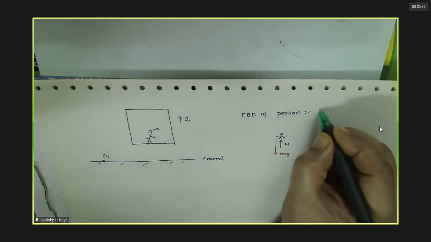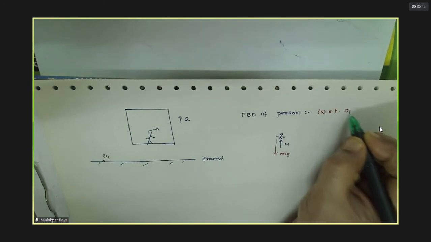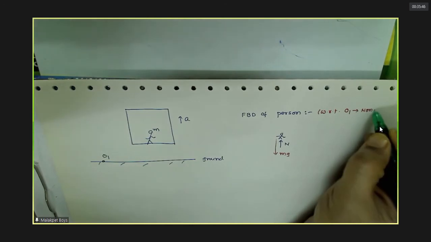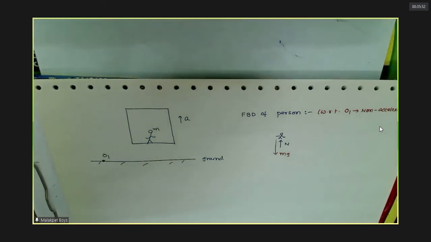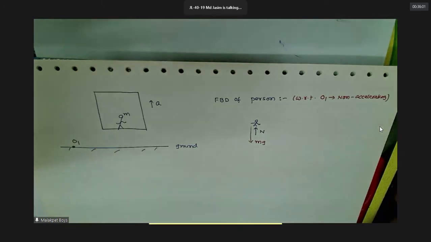Remember, with respect to whom? O1, non-accelerating. You have to specify that. Does he have any acceleration? There is no acceleration. So should I show any pseudo force? No need, sir.